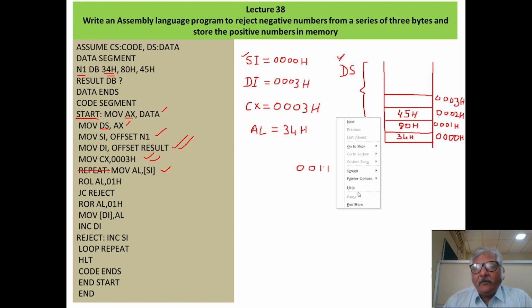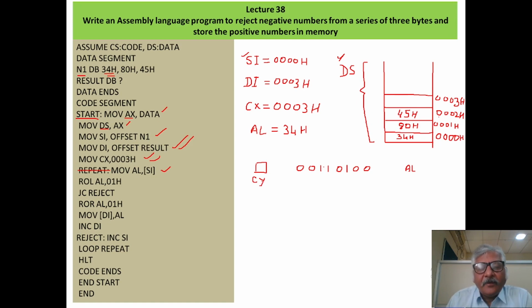So this is the content of AL, the value of my AL register. And here we have one carry flag. We already know there is one flag in the flag register, that is the carry flag. Now you see this instruction, ROL AL comma 01.